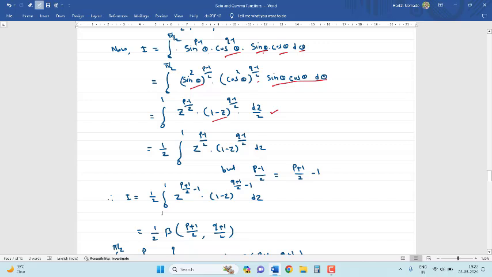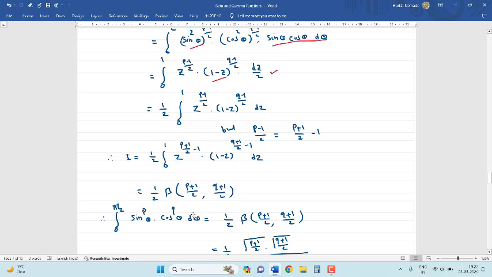Thus the value of the given integral is equal to 1 half beta of p plus 1 by 2, q plus 1 by 2. That is, the integration from 0 to pi by 2 of sin raised to p theta into cos raised to q theta d theta is equal to 1 half beta of p plus 1 by 2 into q plus 1 by 2. But we know the relationship between the beta and gamma functions.